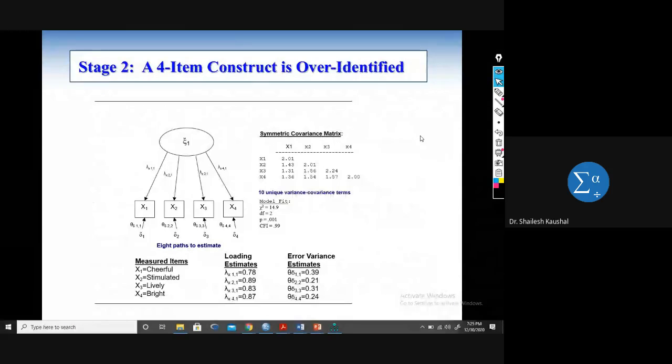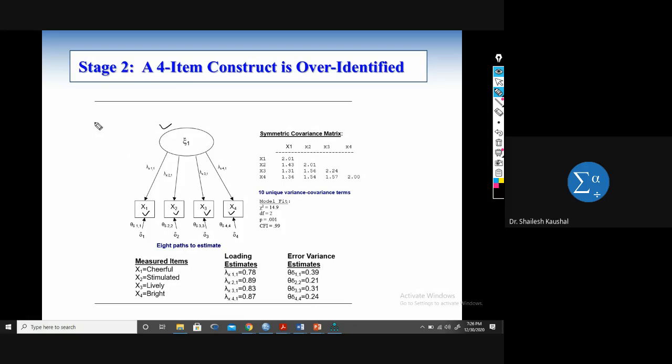Now one question is how many questions we should take in a particular construct. So this is one construct, and in this construct, how many questions here? 1, 2, 3, 4 questions. So what should be the limit per construct?